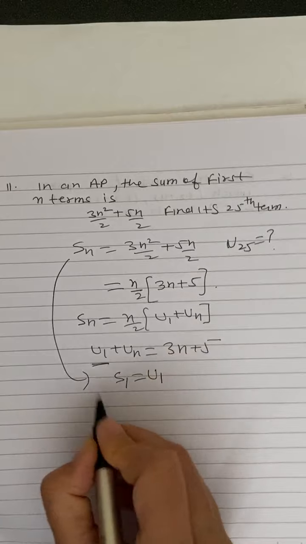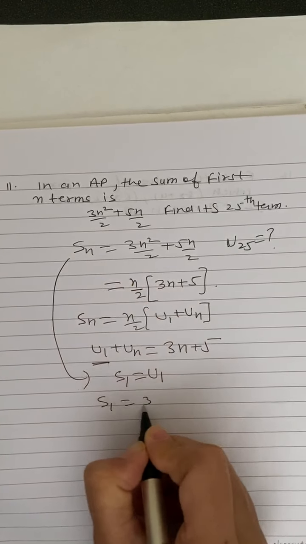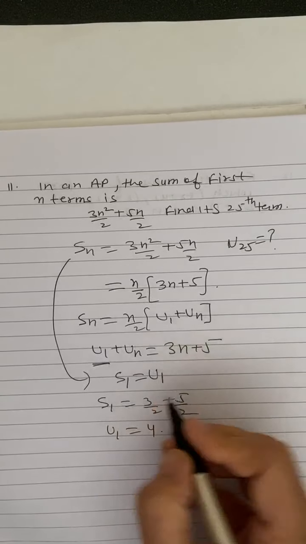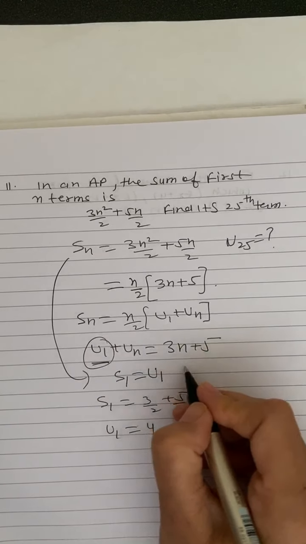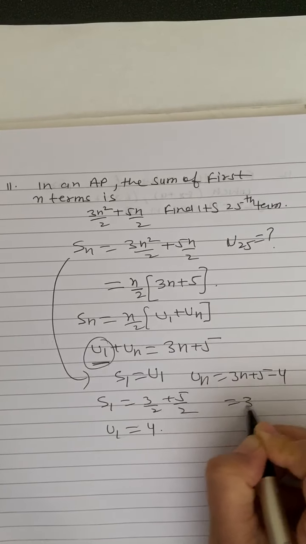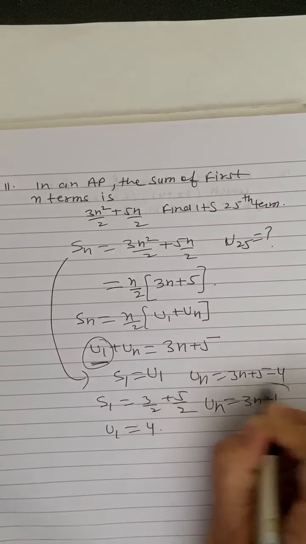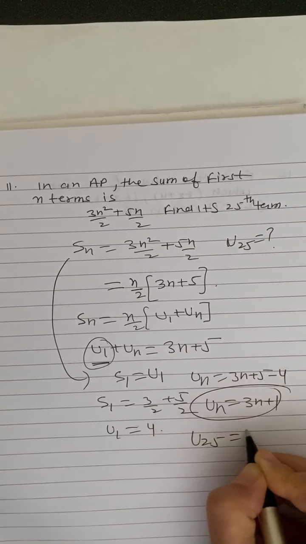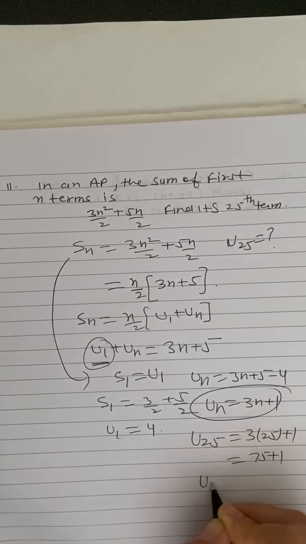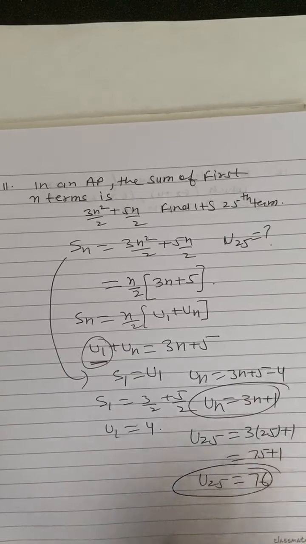So in this case, your S1 is 3 over 2 plus 5 over 2, which is your u1, which is 4. So once you have u1 as 4, your un is 3n plus 1. So you got your un, and then to find u25, you just substitute. So your u25 is 76.